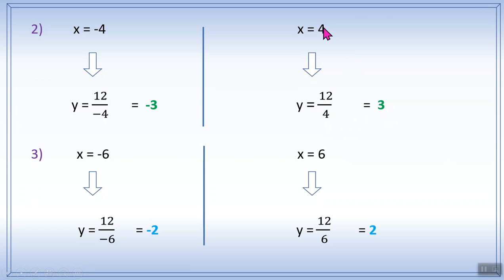So when x is equal to 4, y is equal to 3. See, step by step. Now, when x is equal to negative 6, we put 12 divided by negative 6, which is negative 2. And when x is equal to 6, then y is equal to 12 over 6, which is 2. Now we have 3 values of x less than 0, 3 values of x greater than 0.